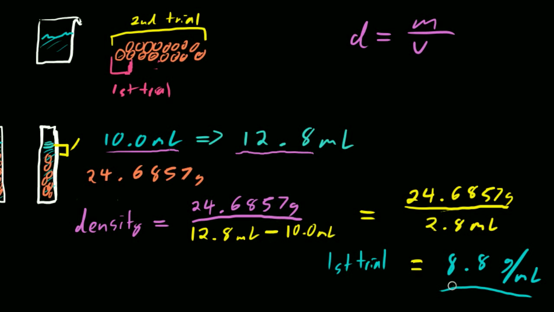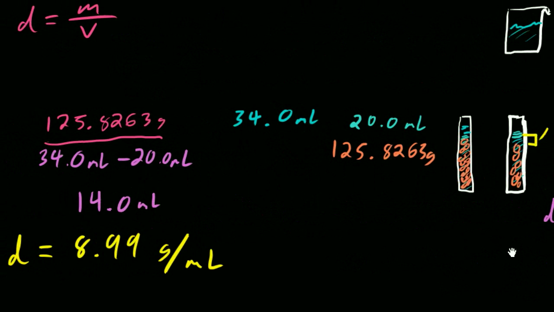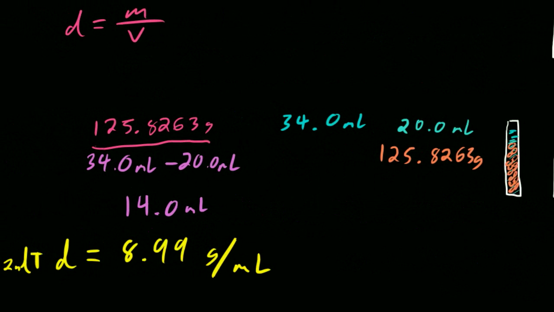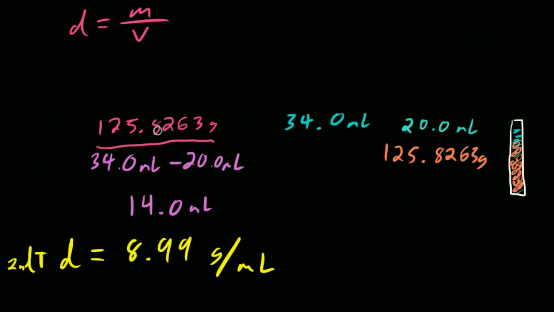But you can see that we got numbers that at least make some type of sense. If you got numbers like this, you might want to go back and do another trial and maybe refigure out the mass of the metal shot that you were given, and do another trial where you figured out the volume that it occupied. But for right now, for our purposes, this is going to be okay.